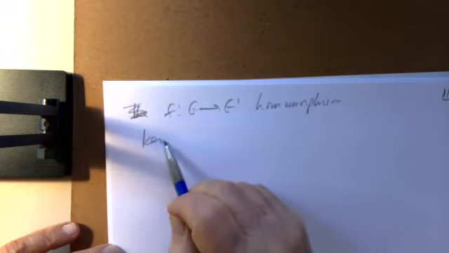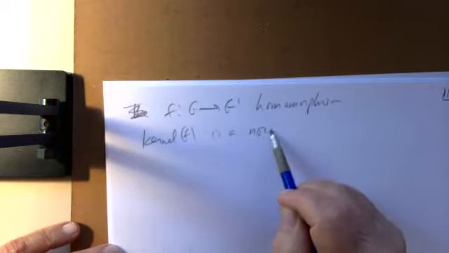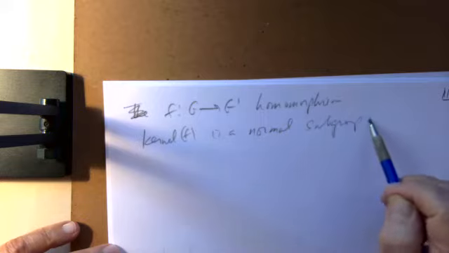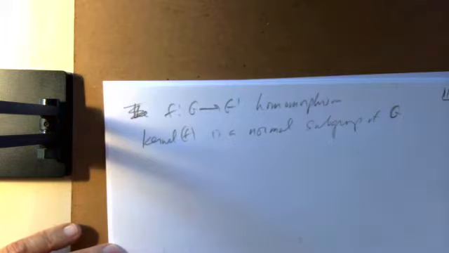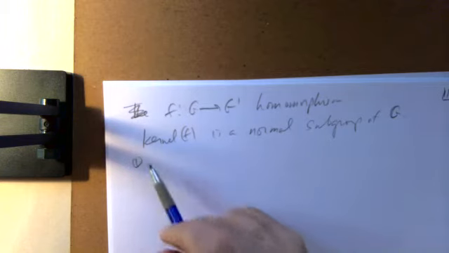The kernel of f is always a normal subgroup of G. So we'll prove this in two steps.